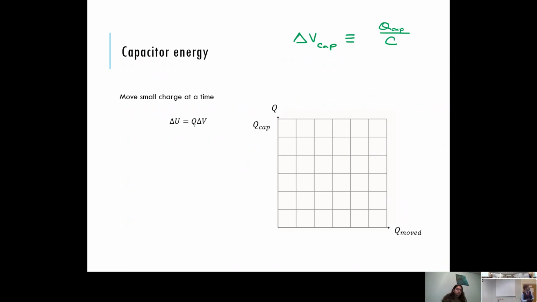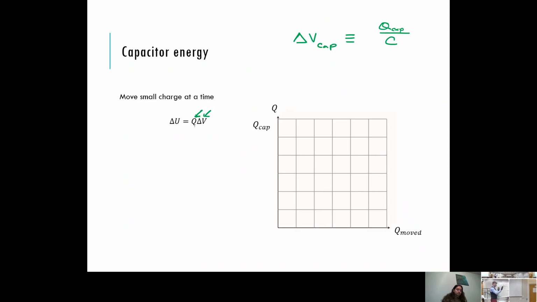So pretend I want to move a charge through a difference in potential of the capacitor, and I want to know the change in energy of that charge. We're going to do something even more specific. Because I'm interested in how much energy is stored inside the capacitor, let's say I take some charge from the top plate with my tweezers, and I very carefully move it to the bottom plate.